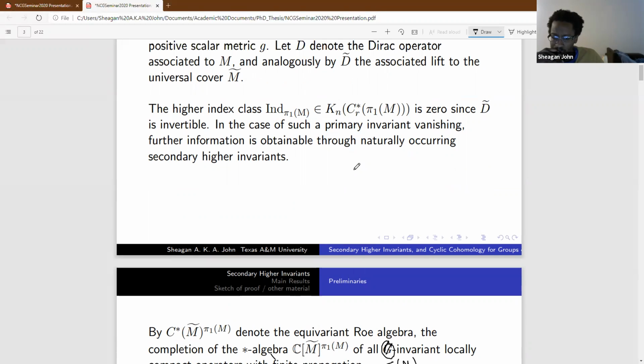Does that sort of answer your question? Not exactly, because the question is, can you still get any interesting examples where you need these higher index classes, where the more accessible invariants like the Lott invariant are not enough?